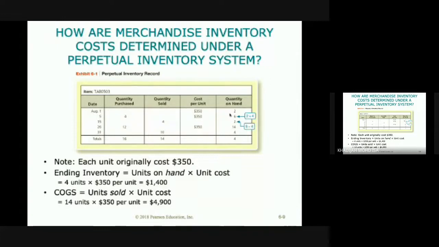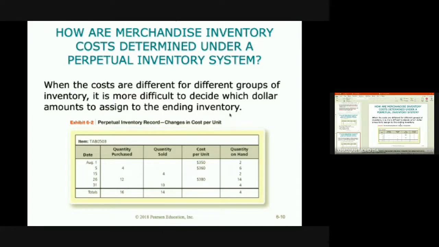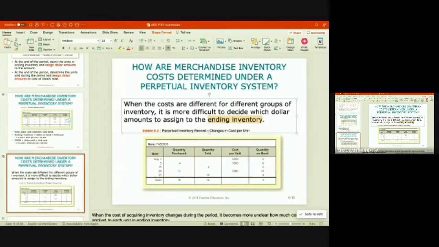So all these will determine the cost per unit, right? So when the costs are different for different groups of inventory, it's more difficult to decide which dollar amount to assign to the ending inventory.